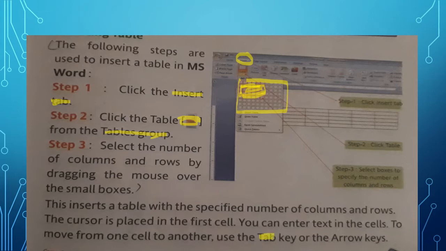The tab key is present on your keyboard. If you want to move from one cell to another, you have to use the tab key, or you can use the arrow keys also. So there are two keys with the help of which you can move from one cell to another.